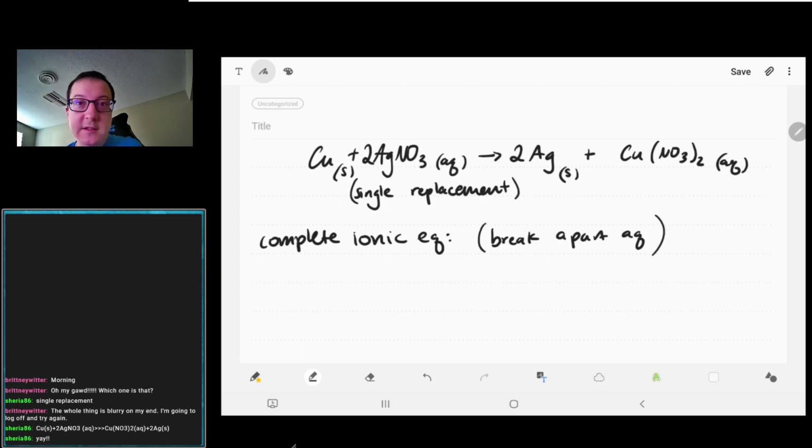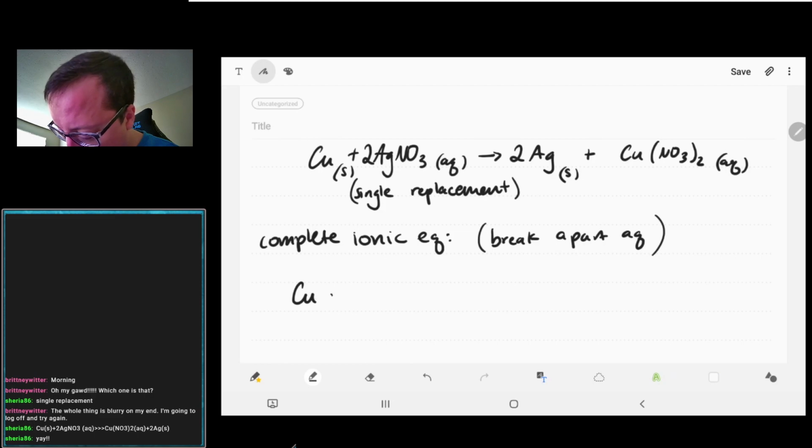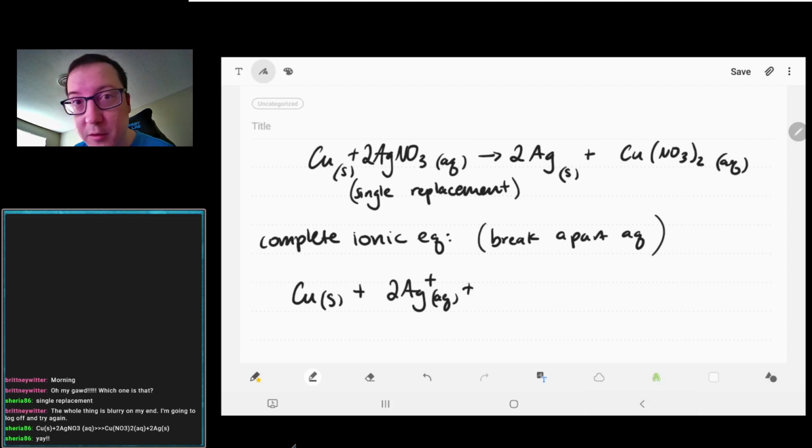Everything else, solid, liquid, gas, don't touch. Aqueous stuff will break apart. And remember that coefficients do carry over to all of the components of that compound. So that's why this one will have 2 silver ions and 2 nitrate ions.